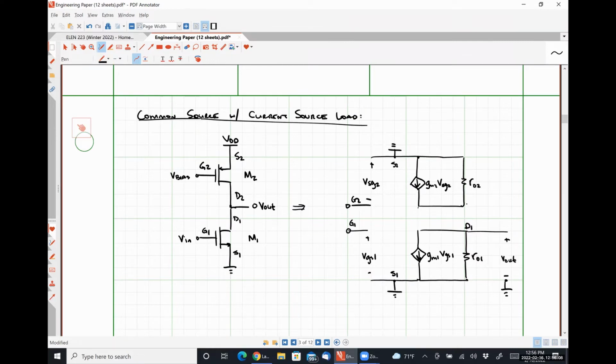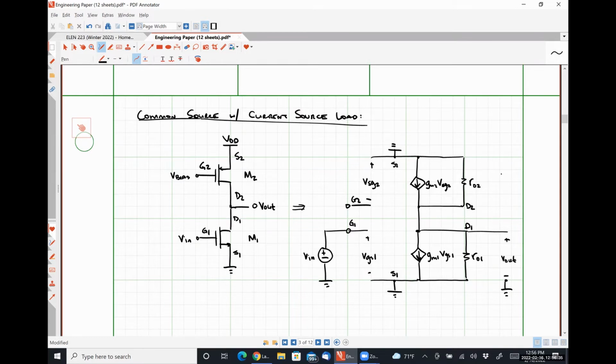And this is representing drain 2. And the drains of my 2 transistors are tied together. Finally, I have my input signal Vin. Okay.